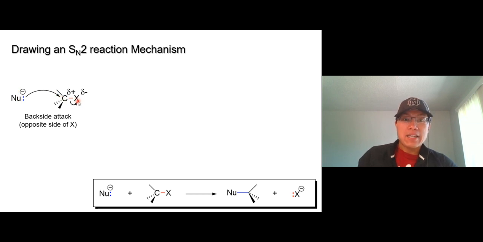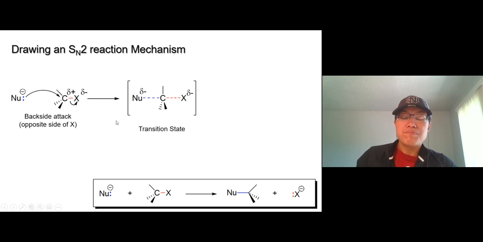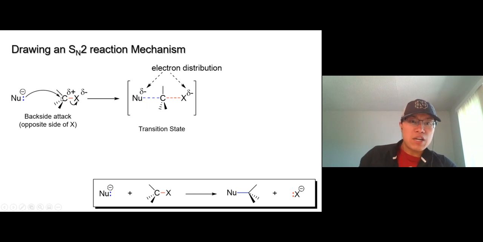Now we can draw a transition state that shows electron distribution. So the full charge on a nucleophile, by itself, when it starts to form a bond with an alkyl halide, this negative charge will be distributed from the nucleophile to carbon to X, the leaving group.